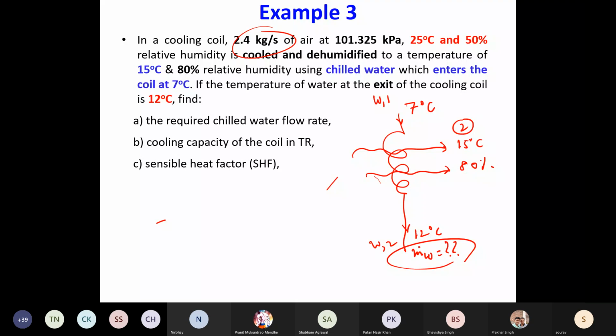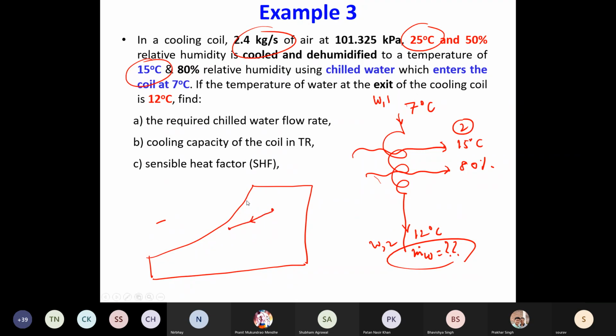How to obtain the sensible heat factor: we know the inlet condition as 25 degrees C, and we know the exit temperature as 15 degrees C. So in your psychrometry chart, you can mark these two points. Okay. And then finish off the triangle.